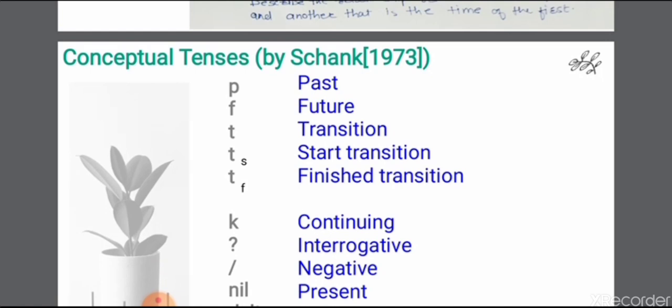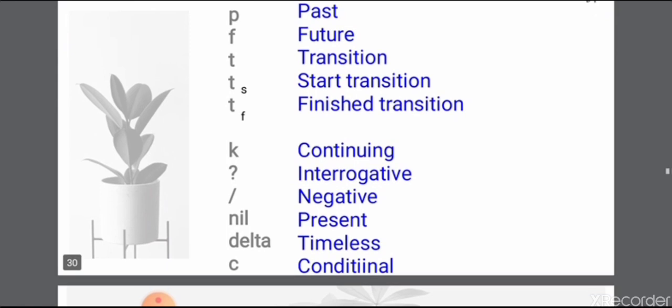Here the small p represents the past tense, small f represents the future tense, small t represents transition, ts the start transition, tf the finish transition, k continuing, question mark interrogative, and the slash represents the negative, and nil represents the present, delta represents timeless, and c represents conditional.